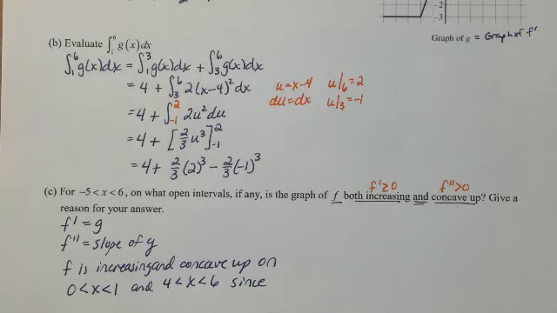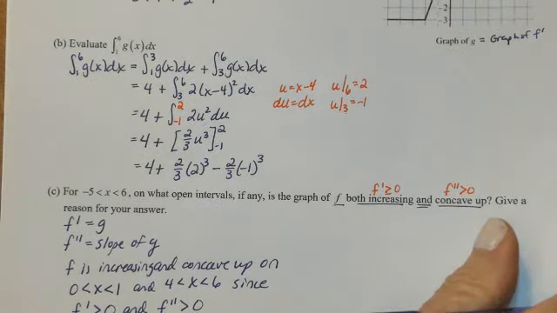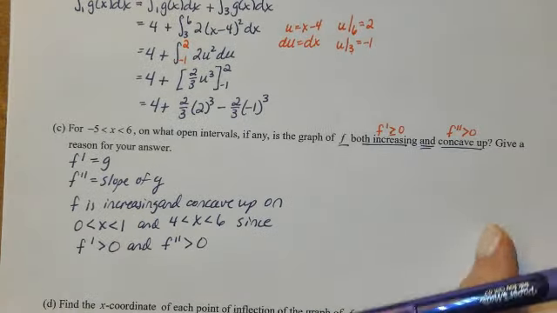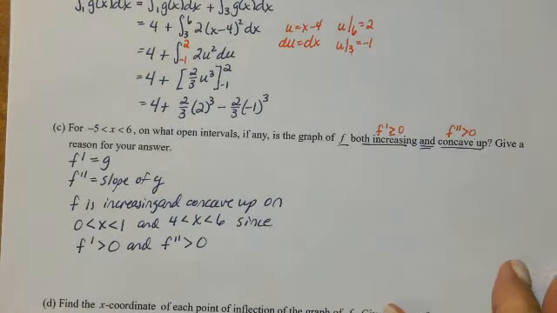Since, and then we need to say what we looked at there. Since F prime is positive and F double prime is positive. That's what we looked at. So that's our reason. Okay?